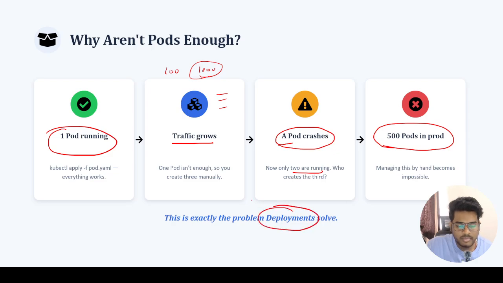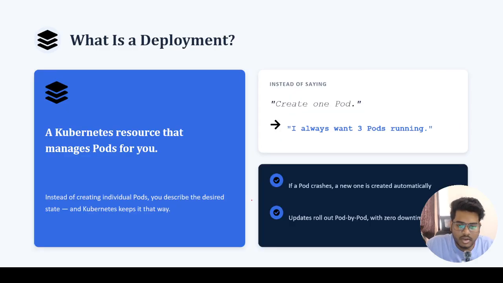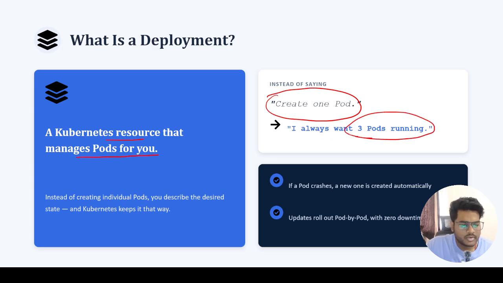So a deployment, we basically use it to run all these pods. Okay. So here we'll see what a deployment is. It's basically a Kubernetes resource that manages pods for you. Okay. So instead of saying create one pod, we can say we want to create 3 pods. Okay, you always want 3 pods running, so that also you can do.